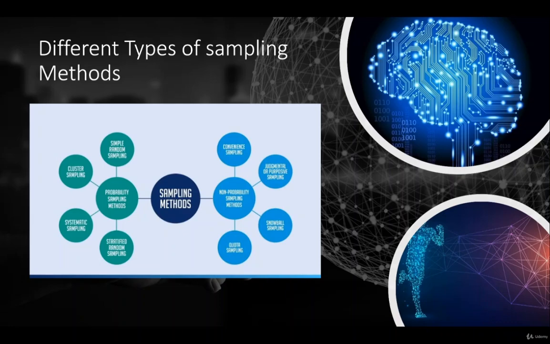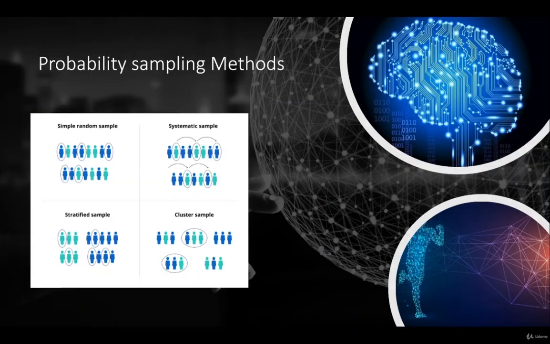But once again, sometimes it's way more practical to work with the non-probability sampling method, even if it's not the best, than to use the probability sampling method. So let's understand what exactly the probability sampling method is and what all the sampling methods are right here.